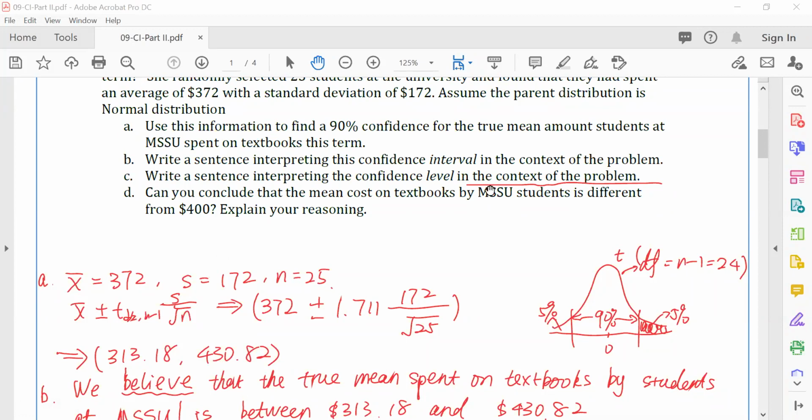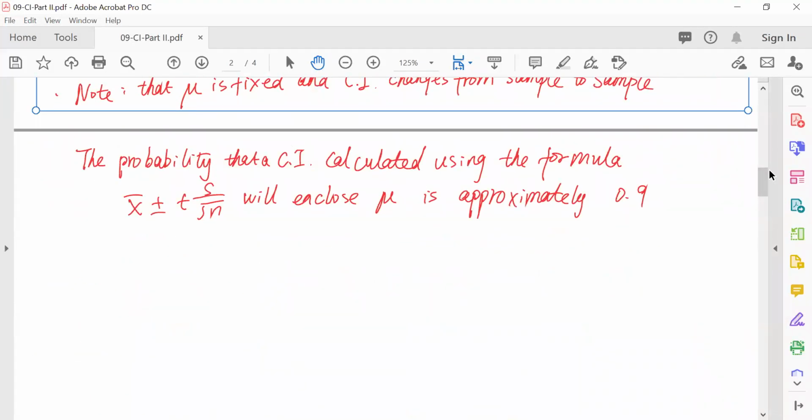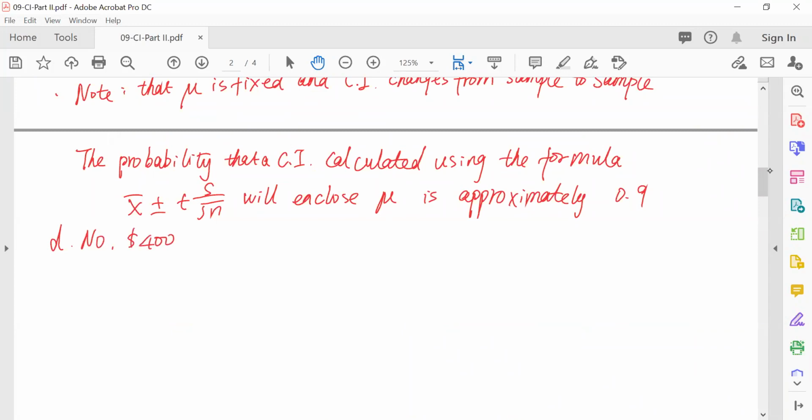So we cannot conclude that the mean is different from 400 because 400 falls into the confidence interval that we calculated. So for part D, this is a no because 400 is contained in the confidence interval.